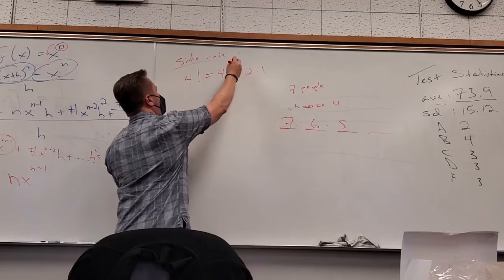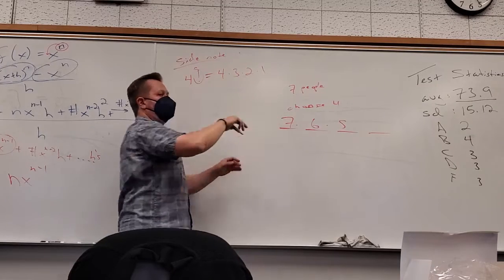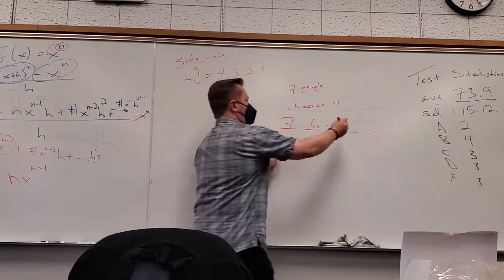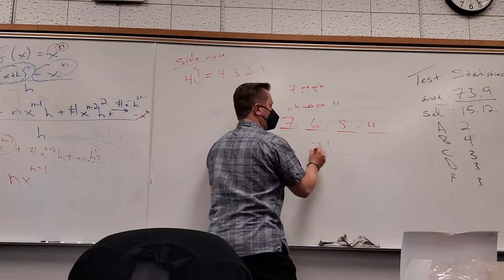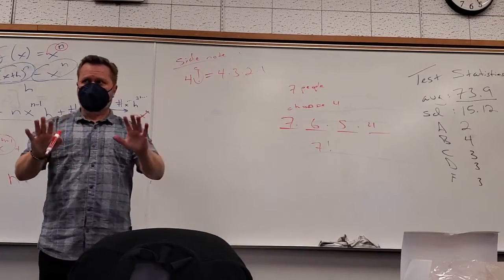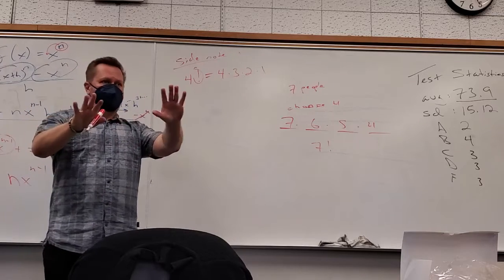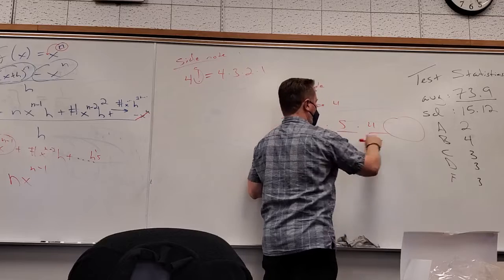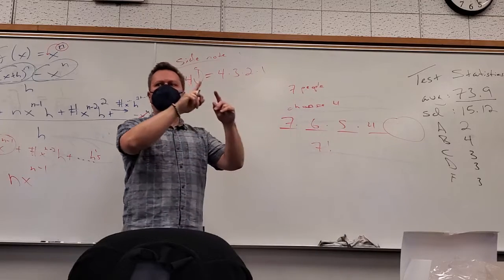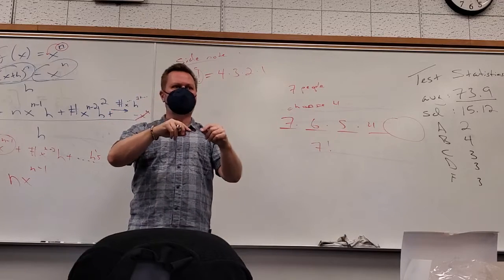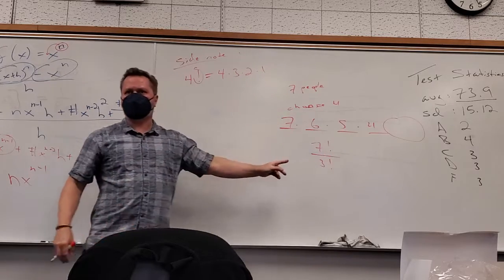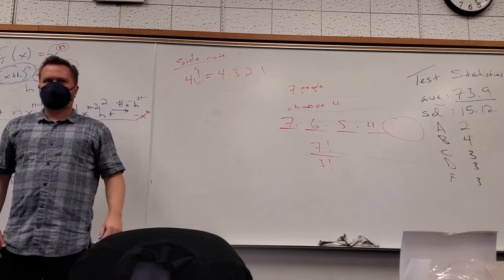So that's why factorials come up when you're talking about choosing things. This is like 7 factorial, but it's missing something, correct? What should be back here if it really was 7 factorial? 3 times 2 times 1, which is 3 factorial, which is 6.